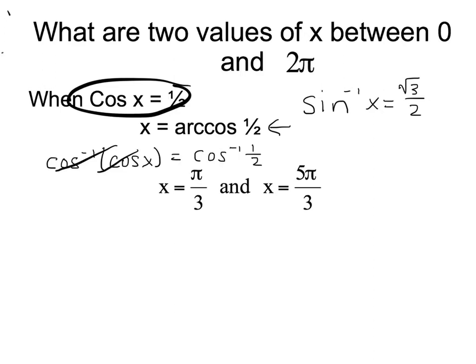And then we're thinking, well, what angle gives us 1/2 for cosine? And that's where we come up with the pi over 3. But the positive 1/2 happens twice for cosine, and that's how we get the second angle as well.